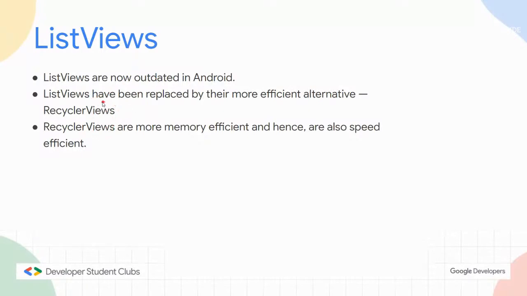One of the things where recycler views excel over list views is that they're more memory efficient. And when your RAM usage is much lower, your phone speeds up and the scrolling is much quicker and you get much higher FPS, and it's just a smooth experience for the user. So that's why we're going to prefer to use recycler views over list views.